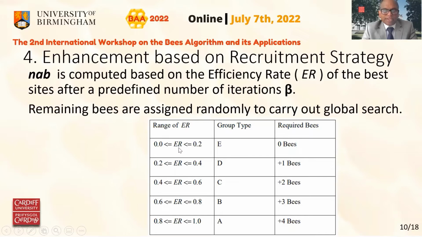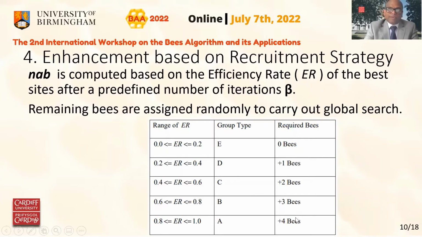If the efficiency is between 0 and 0.2, then no extra bee is recruited, but if it is between 0.2 and 0.4, 1 extra bee, and the next case, from 0.4 to 0.6, is 2 bees, and all the way up to 4 extra bees are recruited.